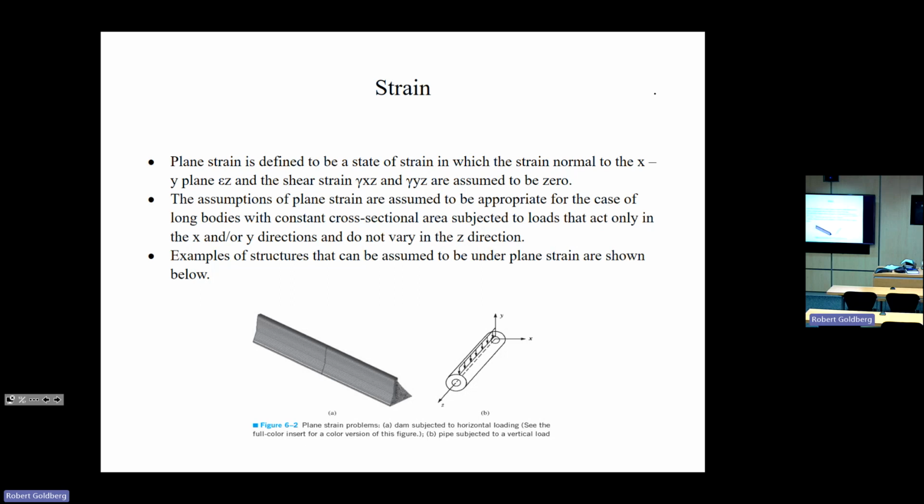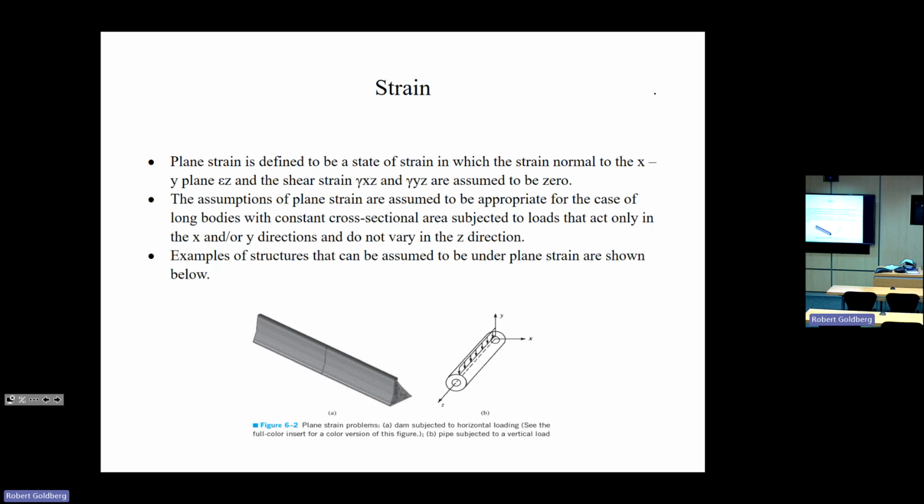Where plane strain is appropriate is for the case of very long bodies with a constant cross-sectional area that are subject to loading in the x or y direction and don't vary in the z direction. So like this idea here, you have a pipe that's just subjected to a vertical load. So the load is just in the xy plane.